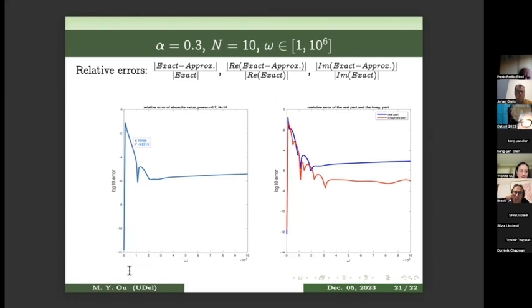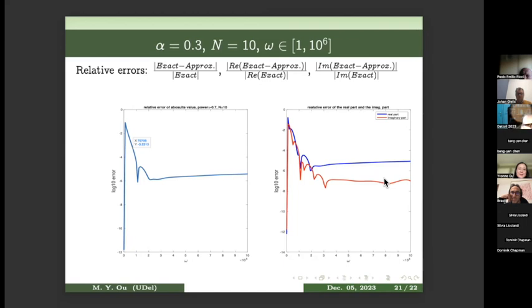As you can see, at 1 it is actually very small, 10 to the minus 12, but it has a small peak, a small layer here, and then it drops to 10 to the minus 6 relative accuracy. And if I plot the real part, the blue is the real part, and red is the imaginary part. As you can see, it looks like this.